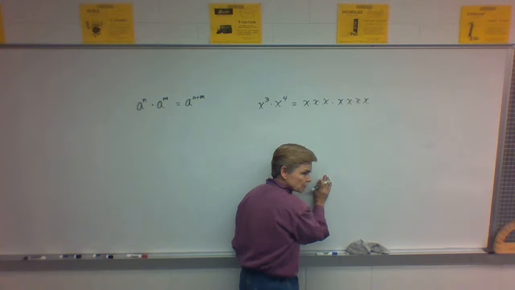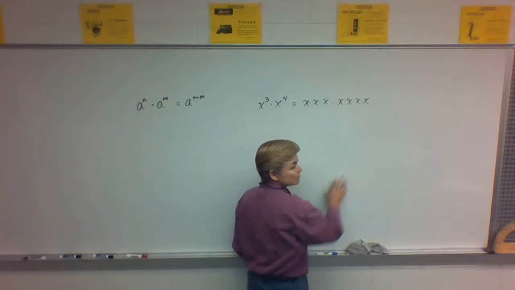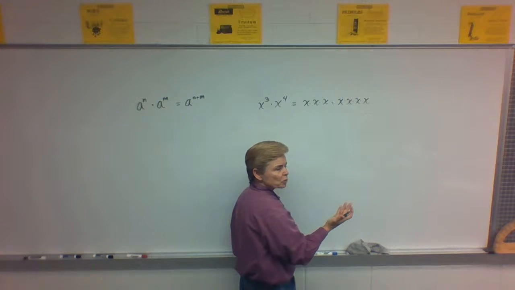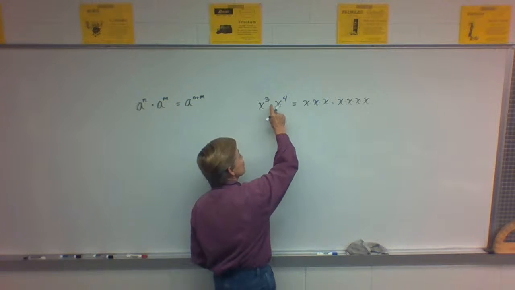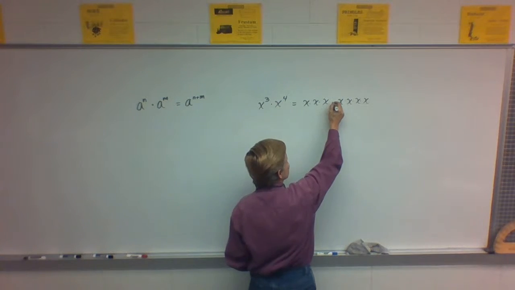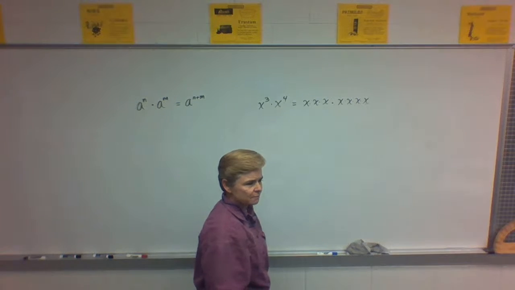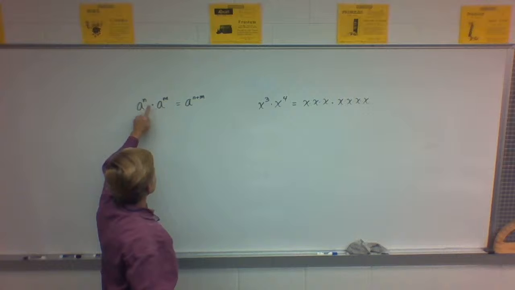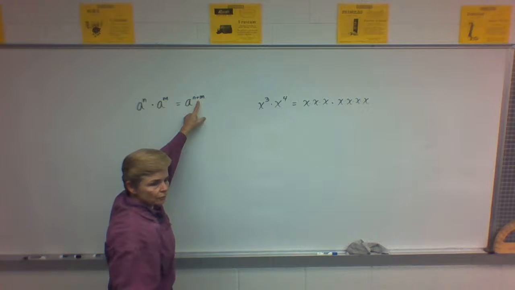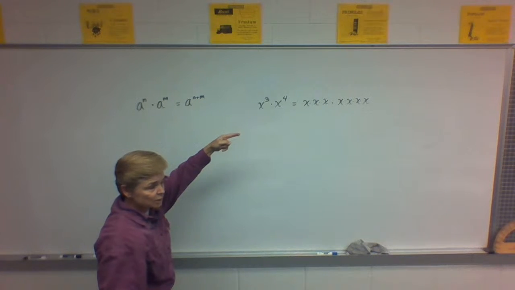Big fat times. How many you got? 7. 7 x's multiplied together, which is 3 plus 4, because you got 3 of them here, 4 of them here, and they're being multiplied together. So you just stick a multiply in there, and you got 7 altogether. Does that make good sense? So when you're multiplying 2 things with the same base, you add the exponents. That should make sense based on what I just showed you.